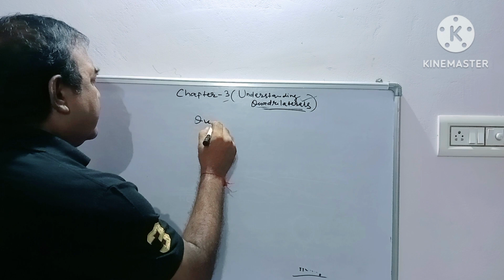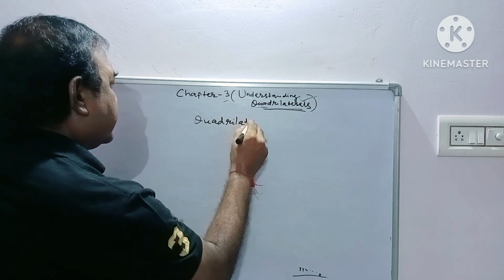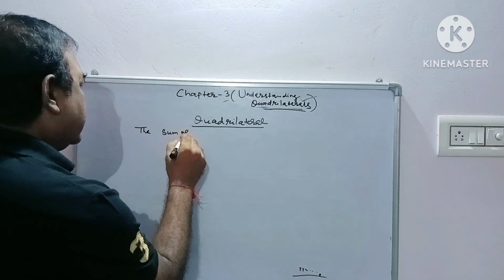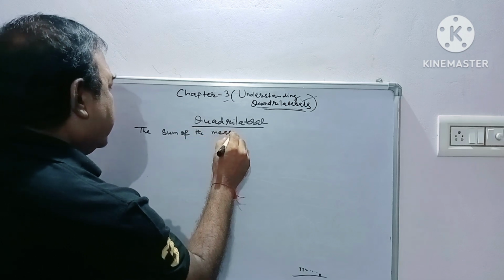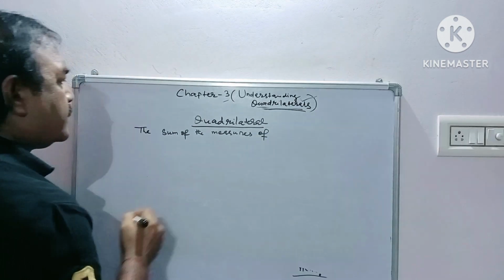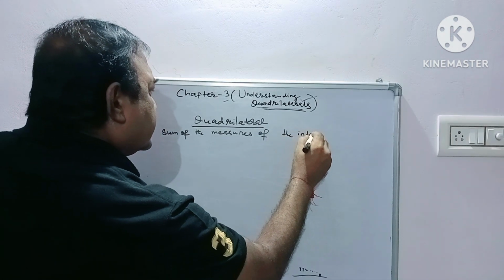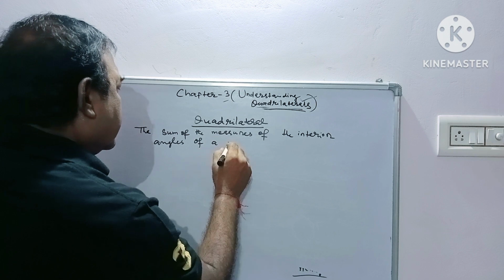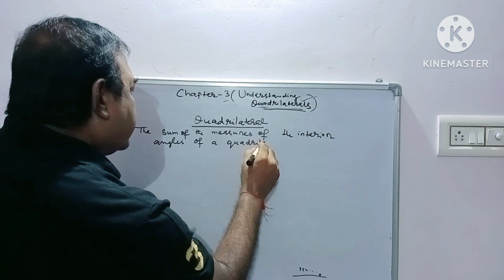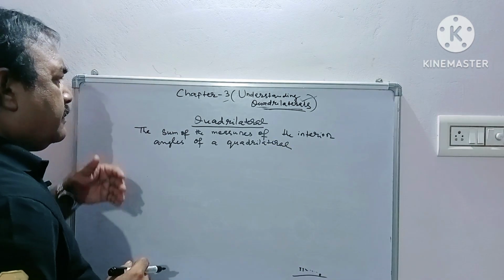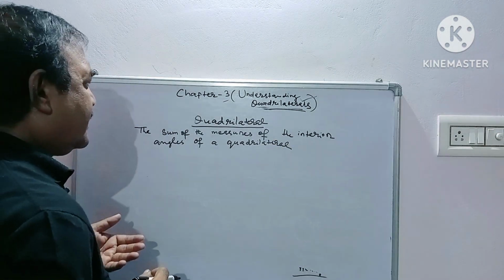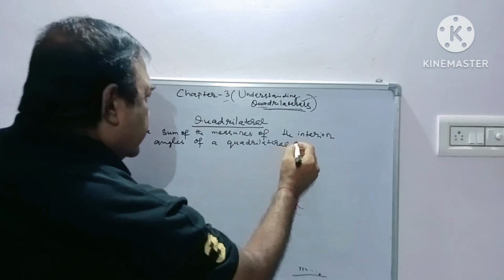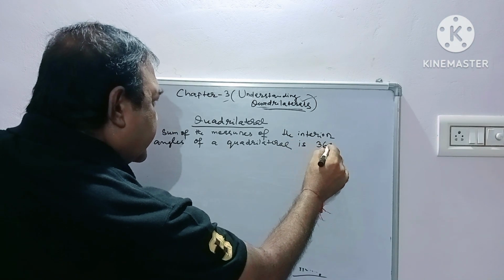In the case of a quadrilateral, we can say that the sum of the measures of the interior angles of a quadrilateral, it may be a convex one or a concave one, is 360 degrees.